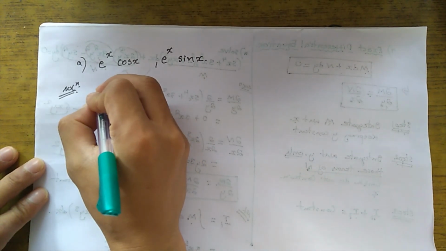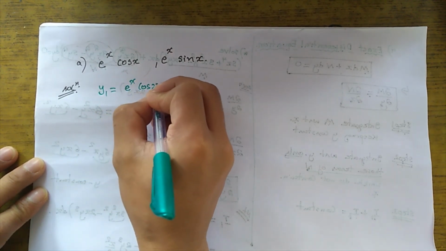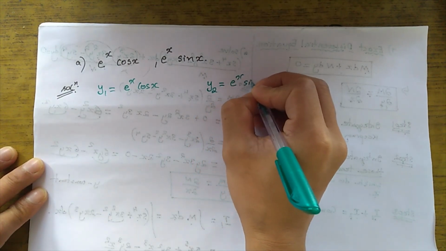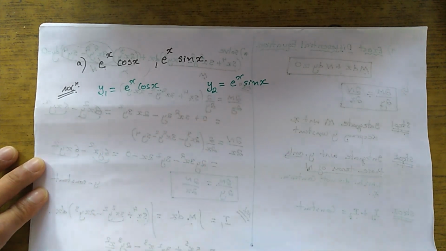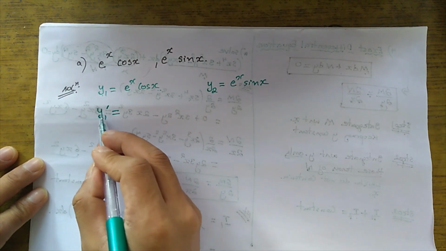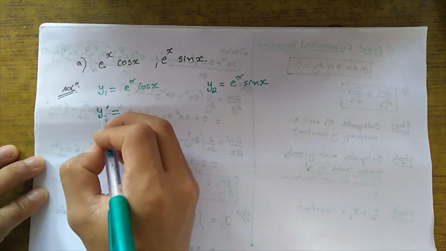Let y1 be e to the x cos x, and y2 be e to the x sin x. Both y1 and y2 are functions of x. Now we need y1 prime, so we differentiate y1.